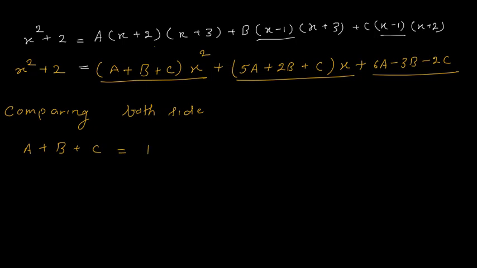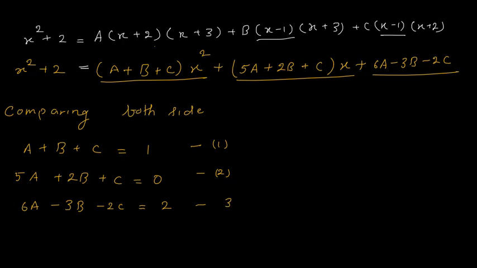Then 5a plus 2b plus c is going to be 0, because there is no x term. And finally you have one more equation, that is 6 times a minus 3 times b minus 2 times c is equal to plus 2. Okay. So we have got 3 equations.